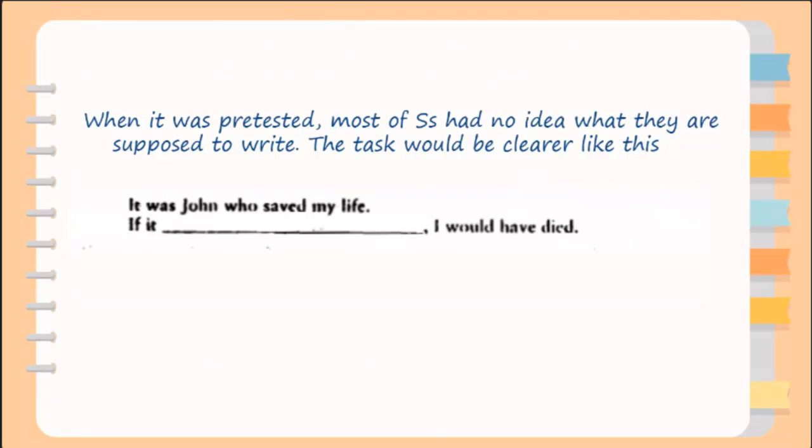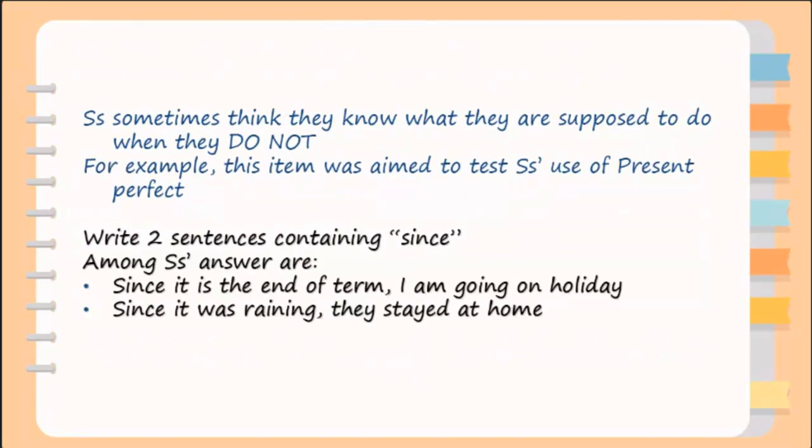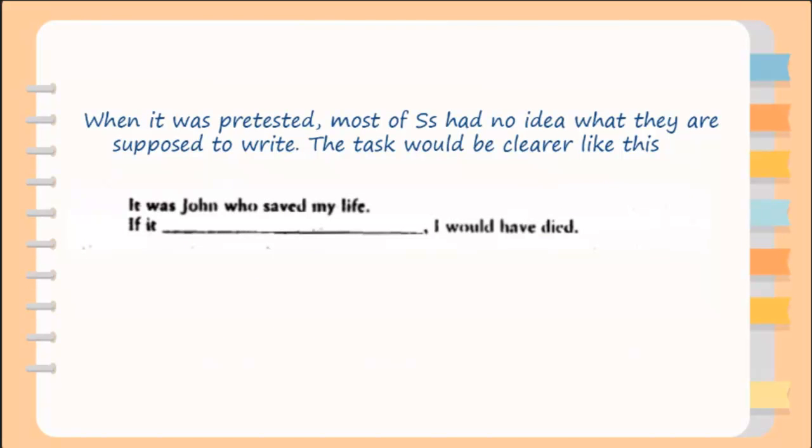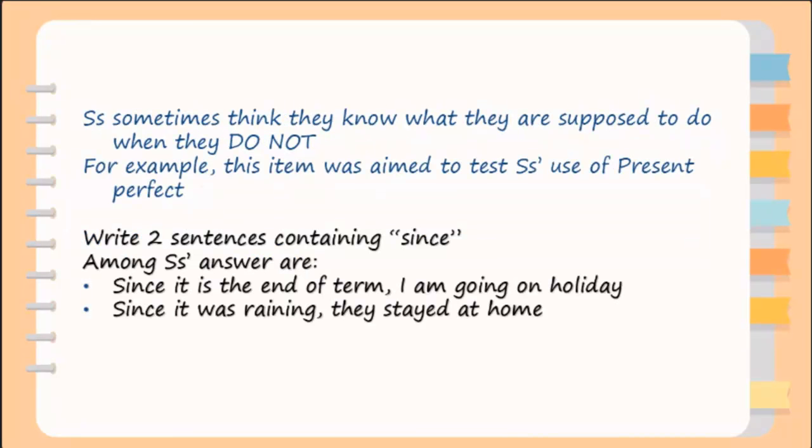So the test will be clearer like this, right? They ask them to write the conditional sentence. We write it, right? So it's better when we add at the end of the sentence some clue, right?